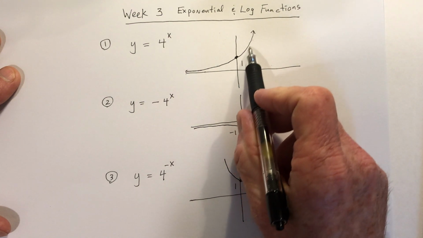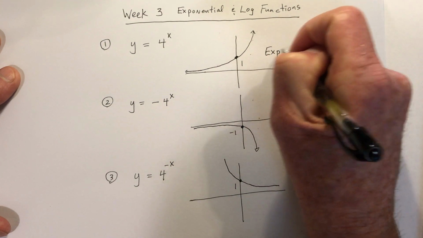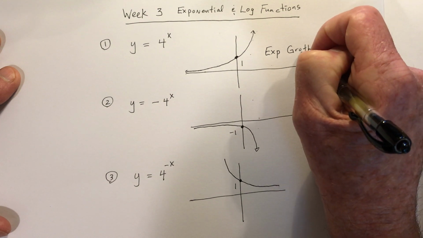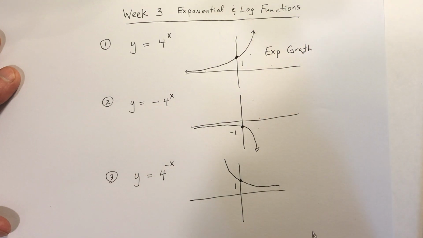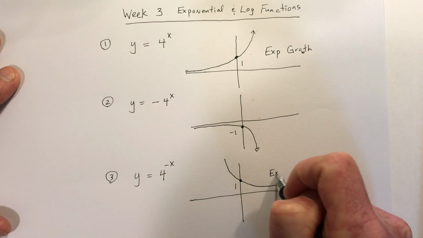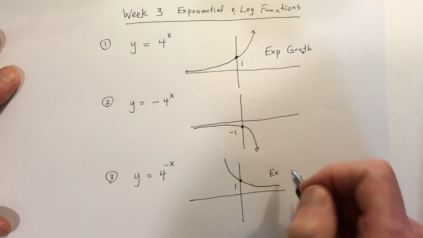So this, as it's going up and up, is called exponential growth. And then this is called exponential decay. So when it's getting smaller and smaller and smaller, then that's referred to as decay.